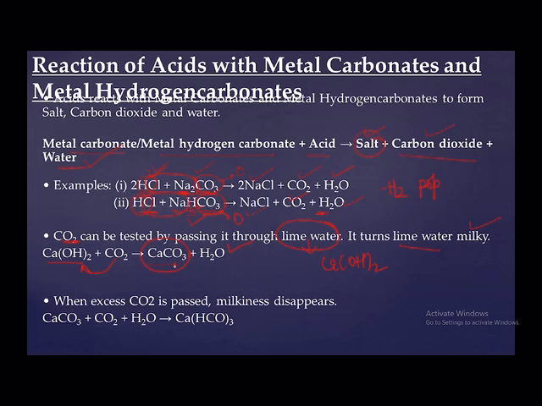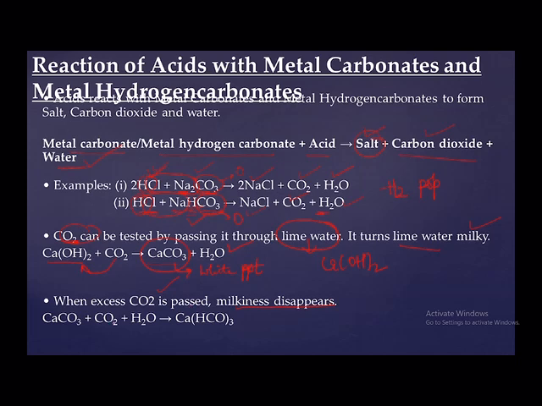The calcium carbonate formed, the white precipitate, indicates that there is an evolution of gas, and that gas is carbon dioxide. If excess carbon dioxide is passed, what will happen? The milkiness present in the lime water will disappear.